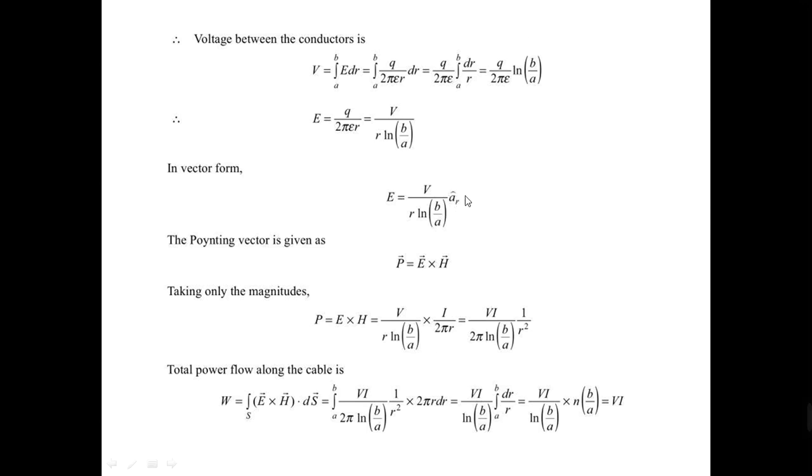Since the direction of the electric field is along radial direction, the unit vector is represented as AR bar. So the Poynting vector is given as P is equal to E cross H.